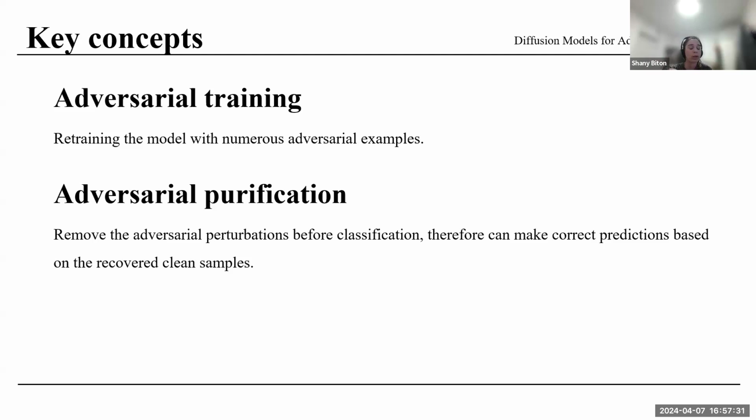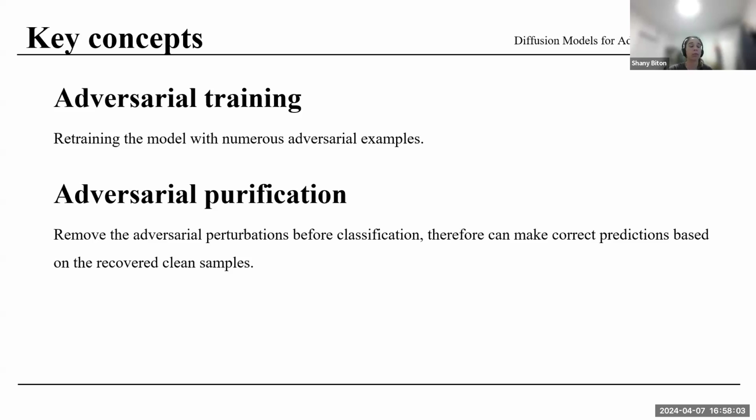But when this paper was published, most of the SOTA models in adversarial learning were coming from the adversarial training method, as adversarial purification models had their own limitations. What they wanted to show is that they can create an adversarial purification model that can outperform all other adversarial training and adversarial purification models.